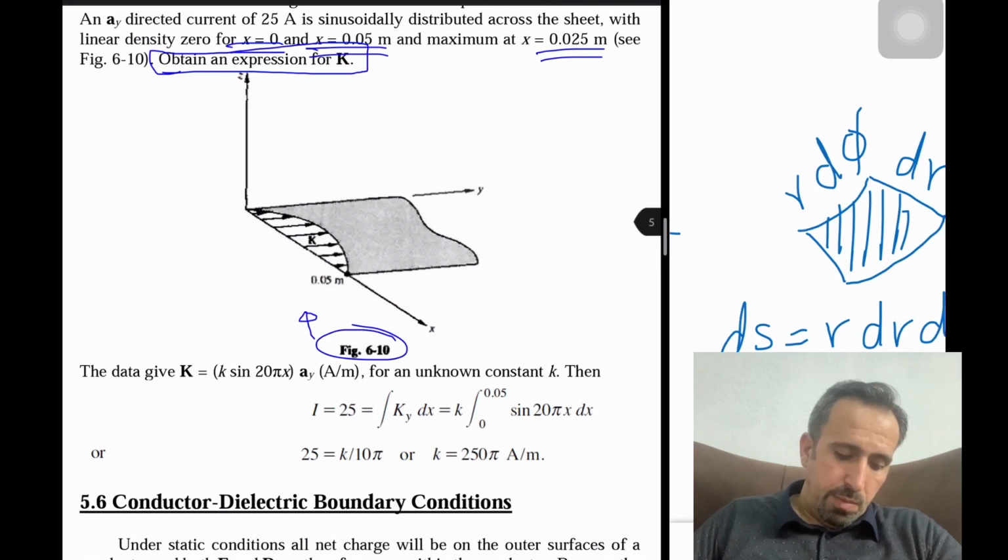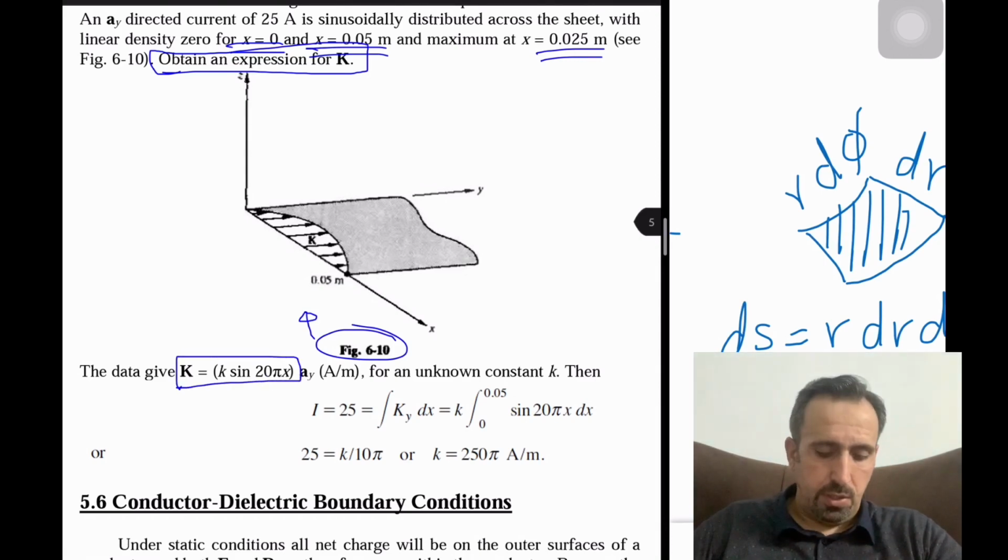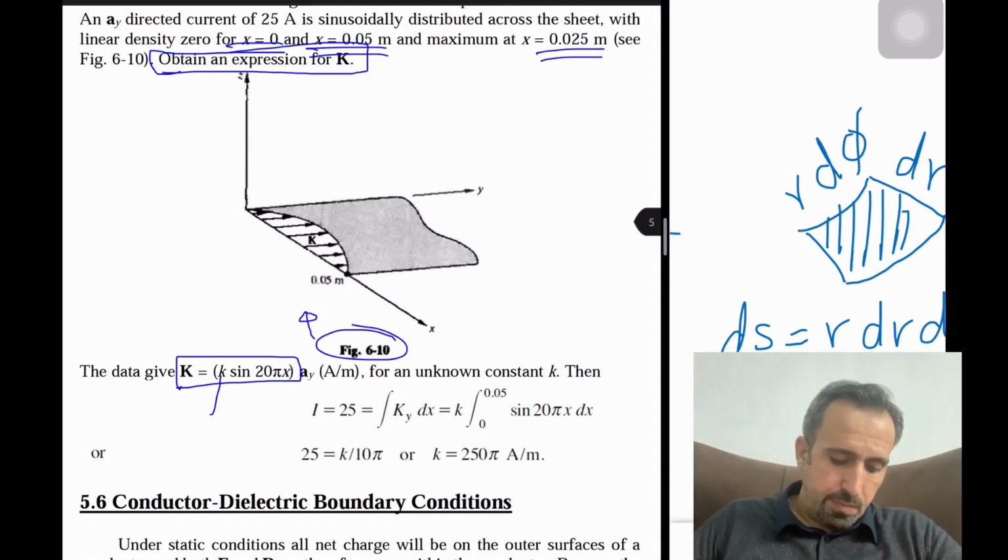From the given information, you can conclude that it is sinusoidally distributed, and it is a sine function. So you have a maximum value. This is representing the maximum value, small k, and this is the function sine.